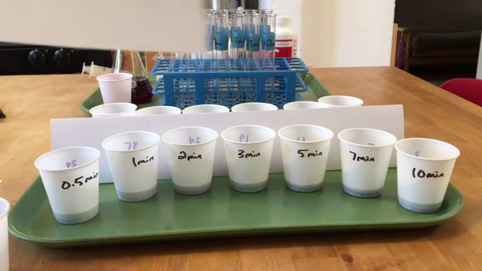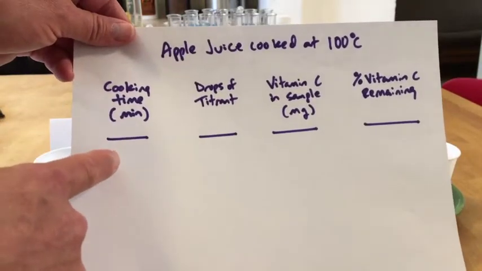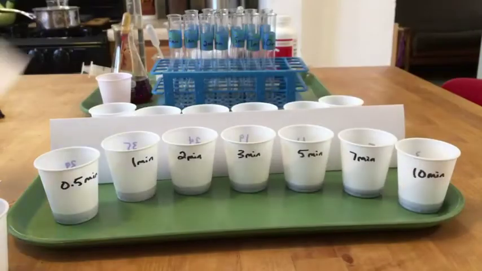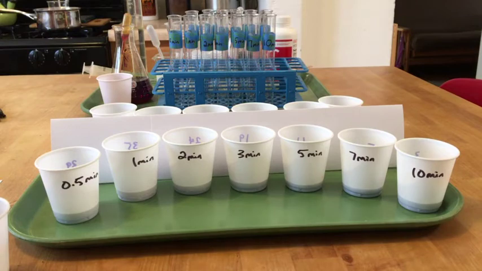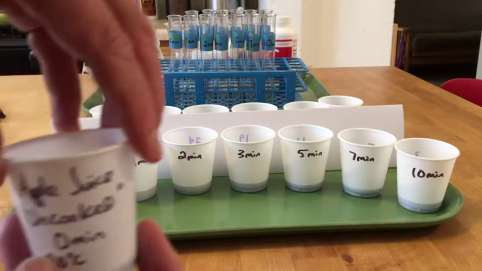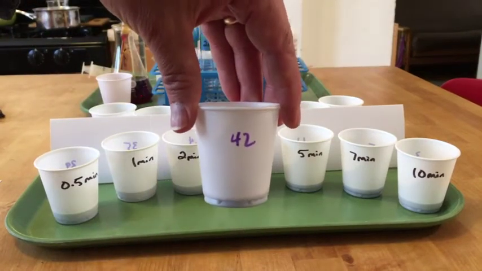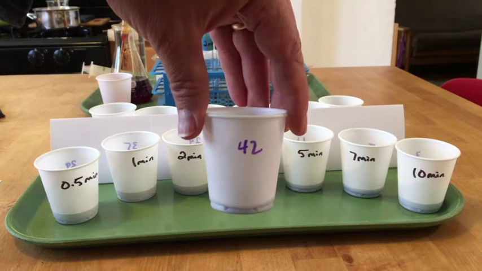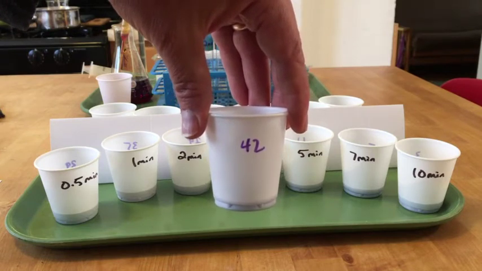So when you're looking at your data, you should have those times, 0 and 0.5 and 1, 2, 3, 5, 7, and 10. And then what you need to know is how many drops of titrant it took for each of those titrations. So this is how many drops it took to titrate the one that was uncooked, 42 drops. So that tells how much vitamin C there was before it was cooked.